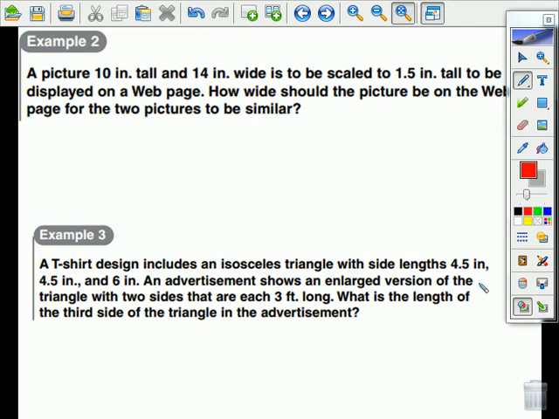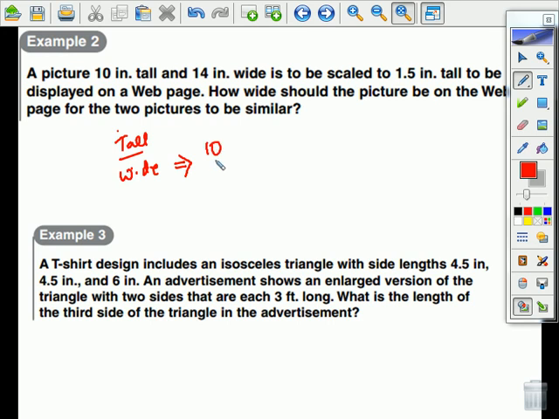In example 2, we have a picture that's 10 inches tall and 14 inches wide, and we're going to guess that that's a rectangle because it's a picture. And it needs to be scaled down to 1.5 inches tall so that it can fit on a web page. So we need to figure out how wide the picture should be. I'm going to do tall over wide, like we did a couple lessons ago.